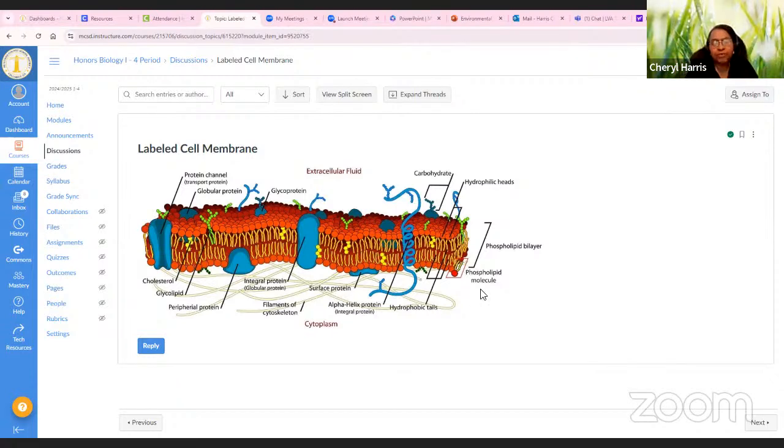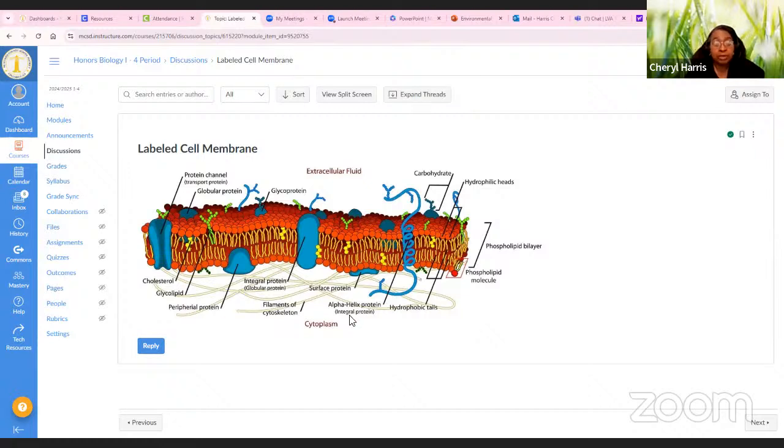The hydrophobic ones are what they're calling the little tail parts. If you put the two sets of these together, it makes up the phospholipid layer. And again, it's made of fats, because we just talked about lipids being fat. So these are fat molecules that help make up the cell membrane.